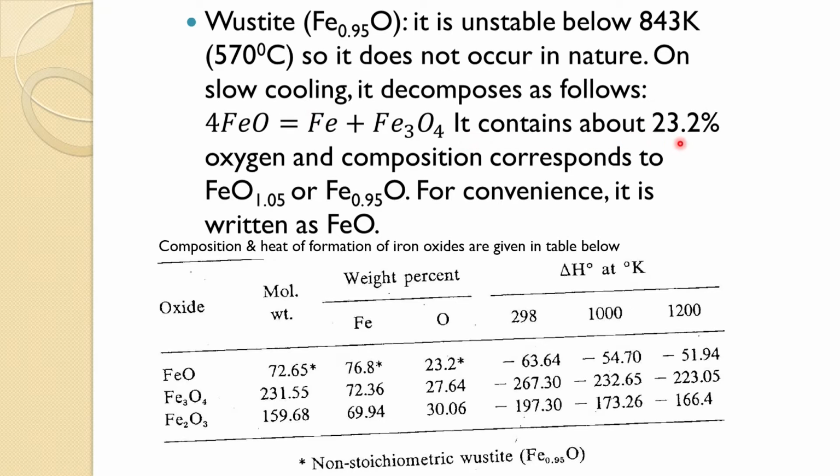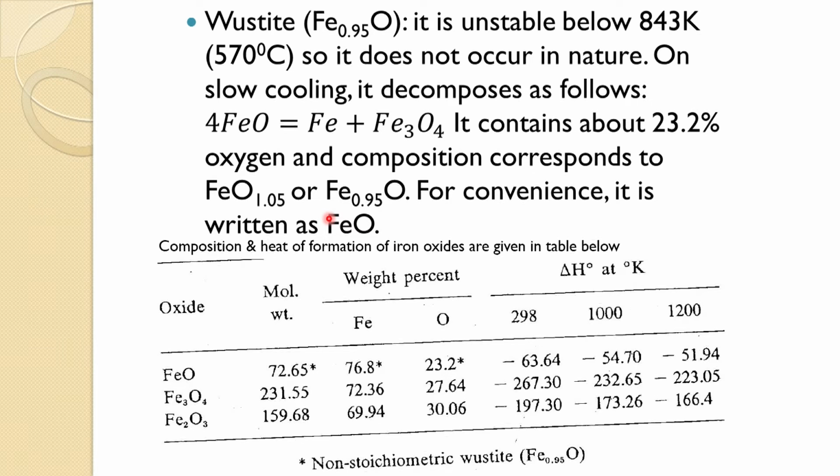It contains about 23.2% oxygen, and the composition corresponds to this ratio. This stoichiometry is not exactly in the form of FeO, because the oxygen ion content differs, but for convenience we just write FeO.